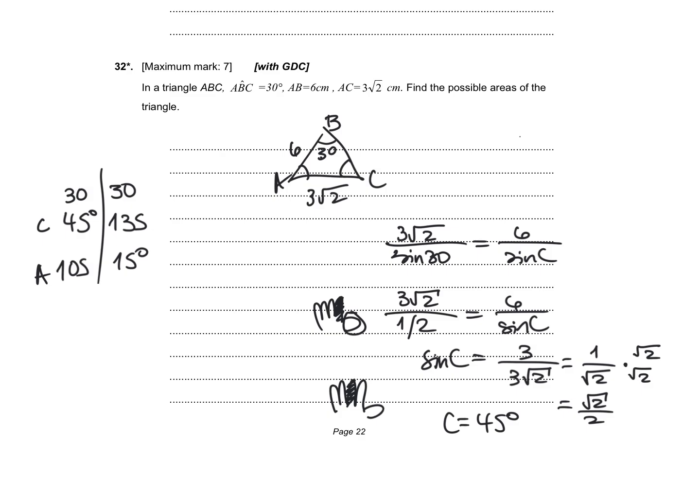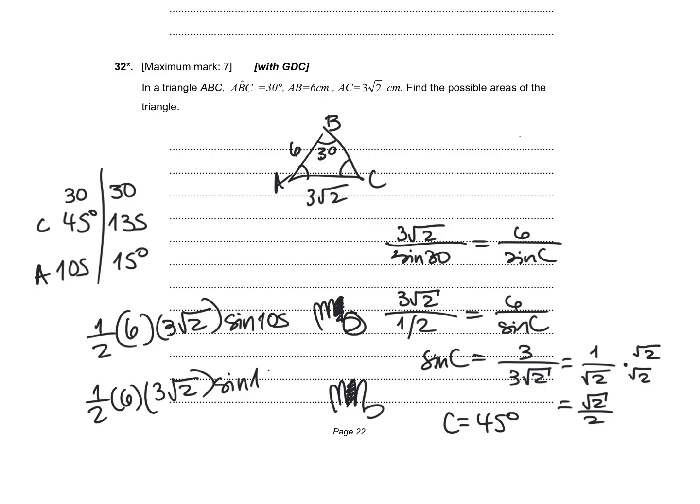And then if we have 1/2 AB sine 105, and 1/2 AB sine 15, this one will be 12.3 centimeters squared, and this one will be 3.29 centimeters squared.